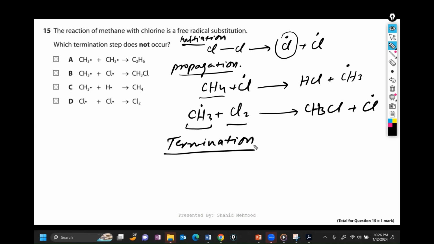So far, if you see the above 3 steps, we have the chlorine free radical and the CH3 free radical. So any of these 2 free radicals may join. Like the first one, the CH3 radical may join with the chlorine free radical to give chloromethane.